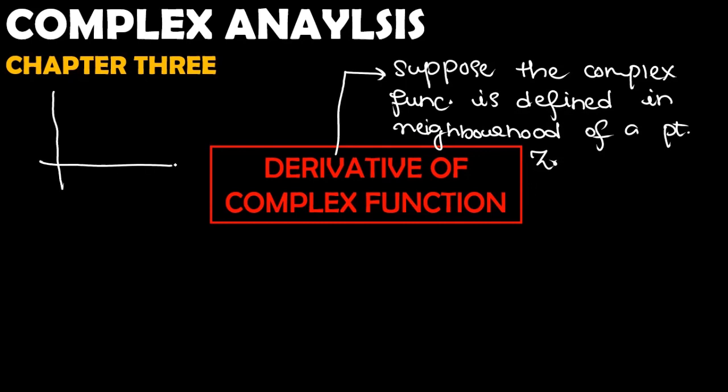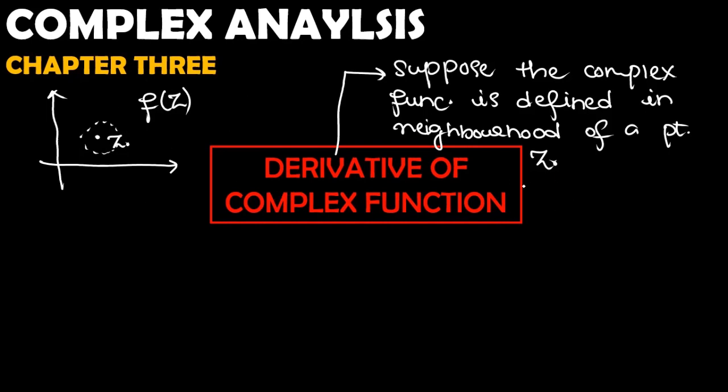I try to figure things for you as well. We have f of z as a complex function, and we have a point z0, and we define the function f of z in a neighborhood of the point z0, right? So this is one of the graphical ideas of it.